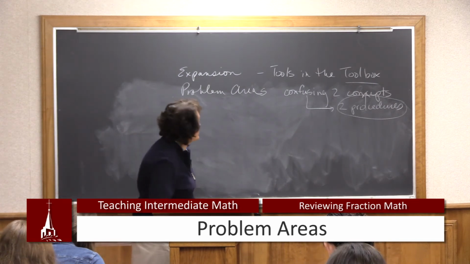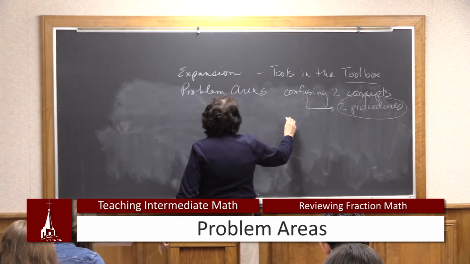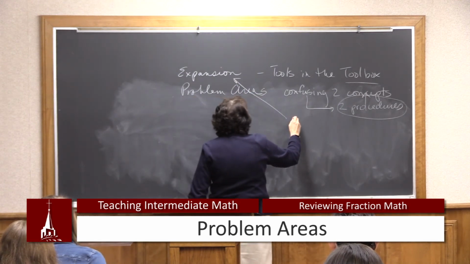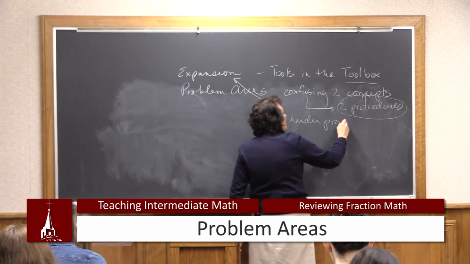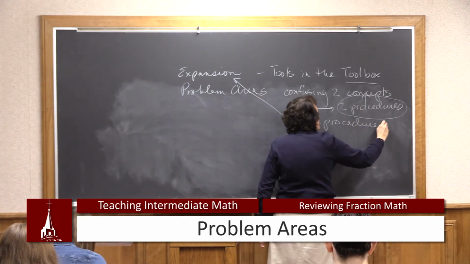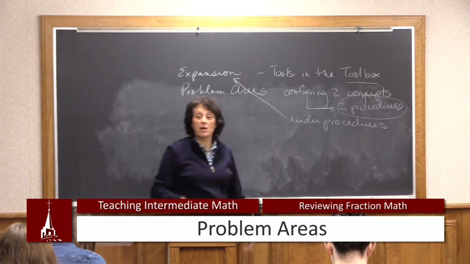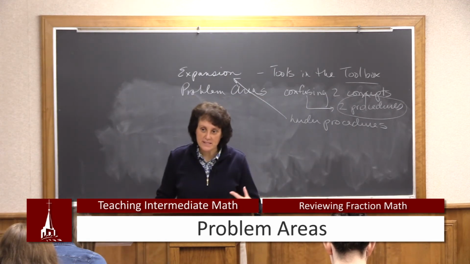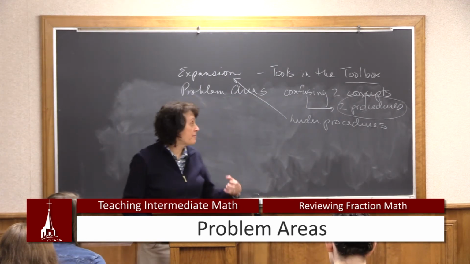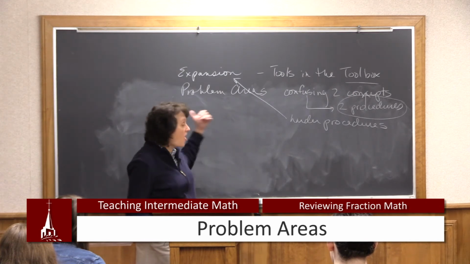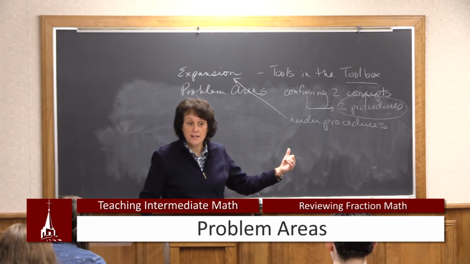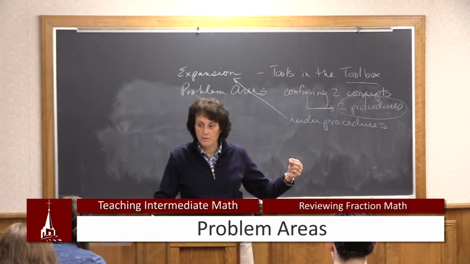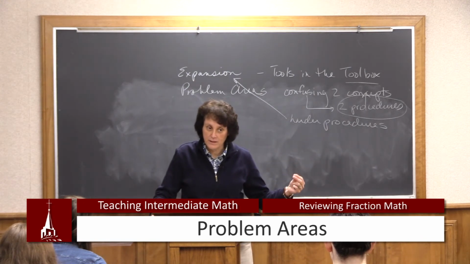And problem areas also can be directly related to harder procedure. We've expanded our basic arithmetic and we have things that are confused because we kind of missed concept, and we have procedures that are harder. We've expanded them, so our lack of understanding is going to become more and more what? Apparent.